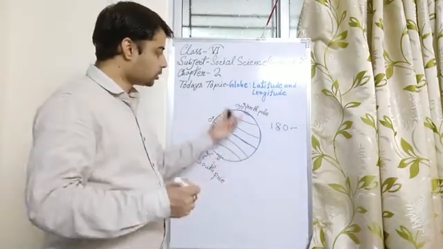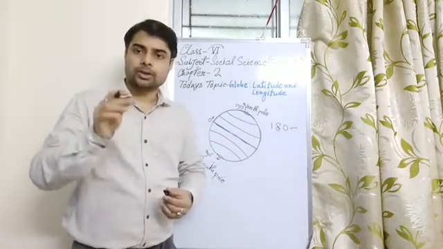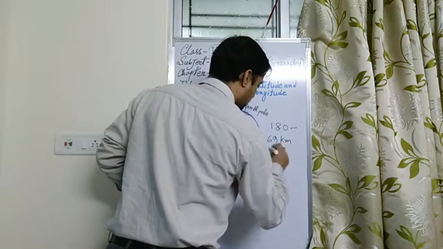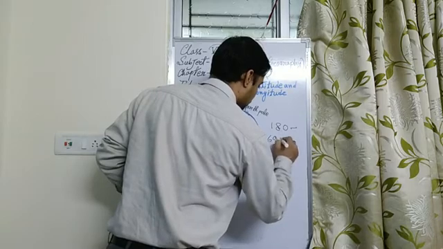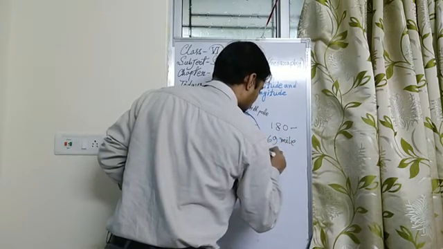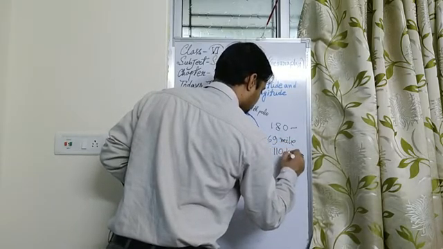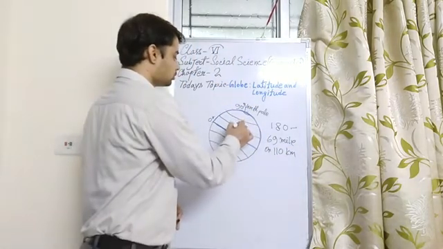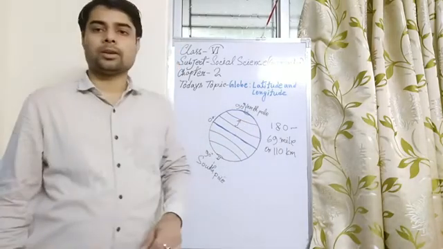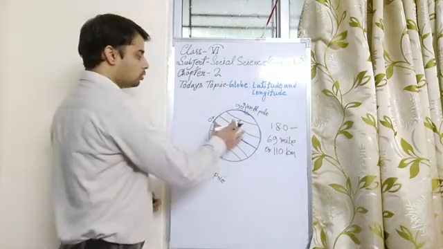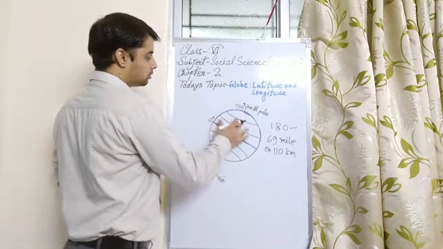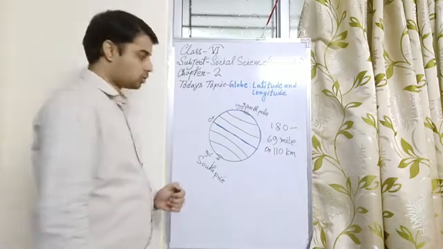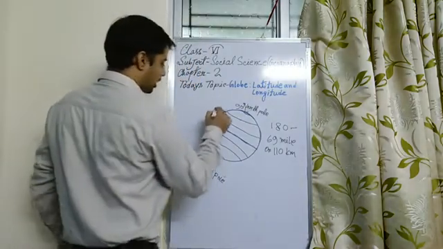Now what is the difference between each latitude? The difference between each latitude is 69 miles, or 110 kilometers, on the surface. Now we have mentioned the 7 main latitudes on the surface of Earth.